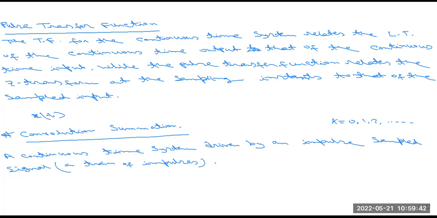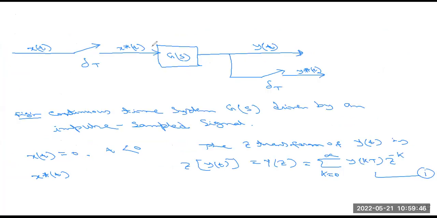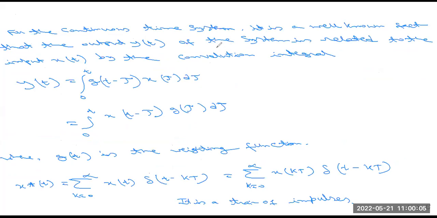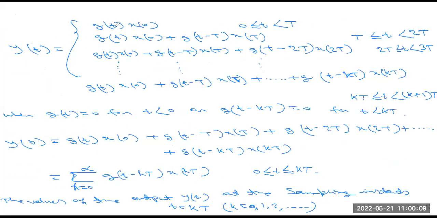What are convolution summations? First of all, we have to calculate the convolution summations for the continuous time system. This basically uses the impulse response x asterisk of t, and another function, the output y of t and y asterisk of t. So this is basically called the convolution function. Using these convolution functions, this is basically the train of the pulse transfer functions.